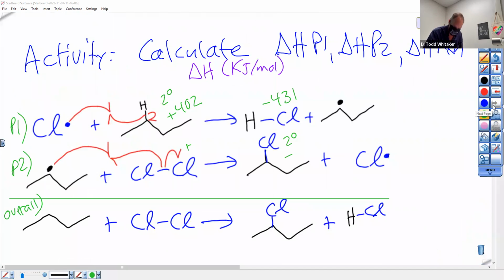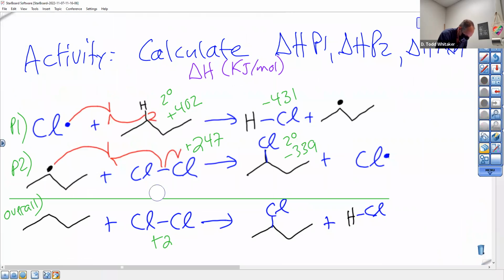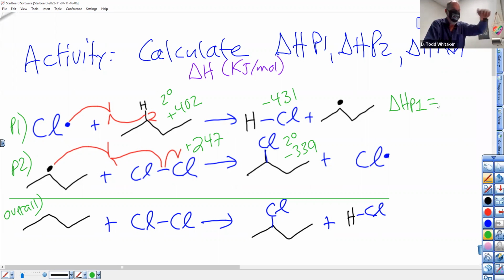I don't remember any number. I got it. Plus 247. Negative 339. Yes, minus 339 and 247 was for the ClCl. Yeah, I was putting it down here, but it's okay down there. But I want it up there because now I can calculate delta HP1, and you don't have to memorize some dude's name. You've got 2 numbers, add them as they are right here.